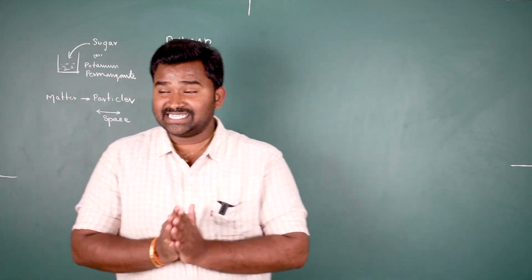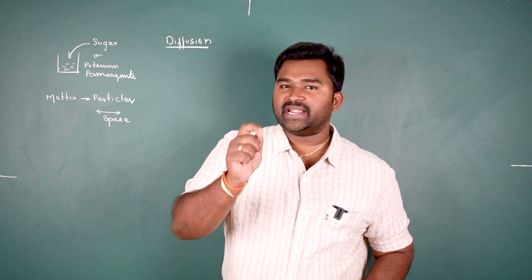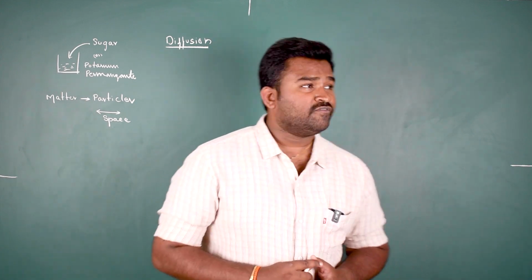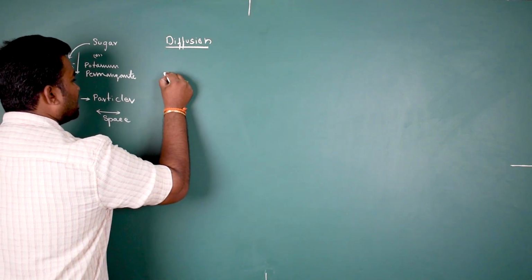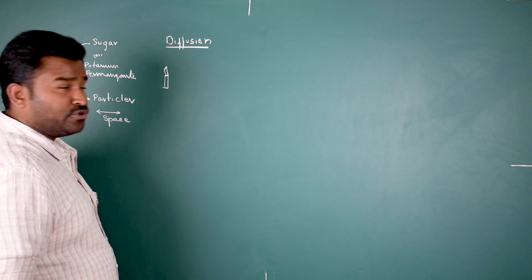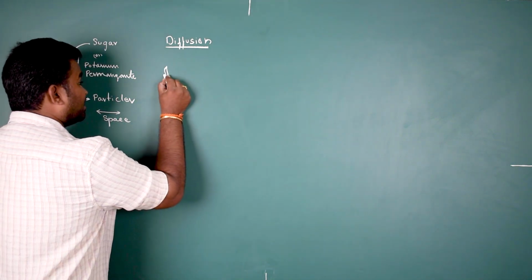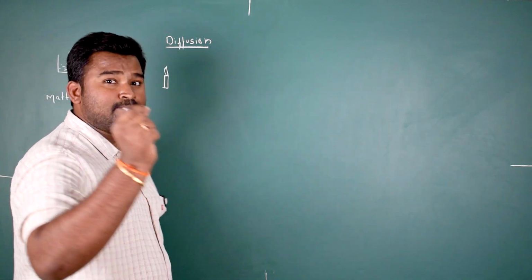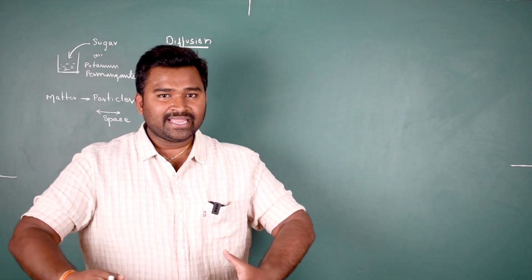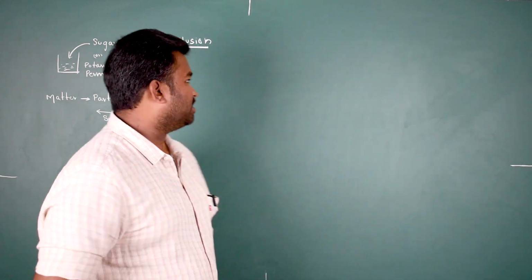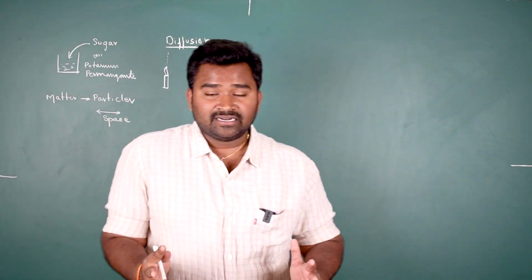As we have seen, matter is made up of particles and the particles have space between them. When I light an incense stick, the first thing that happens is that the incense stick has some volatile perfume. As I heat it, it starts getting into the atmosphere.